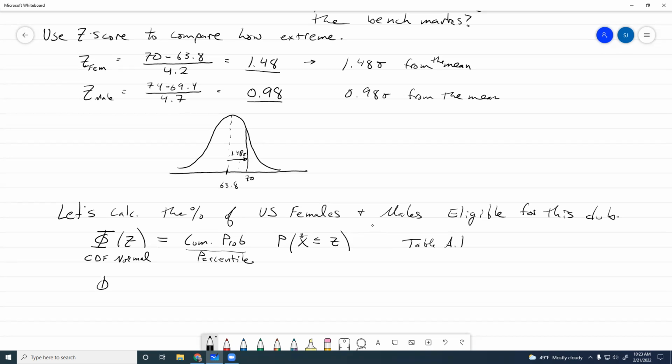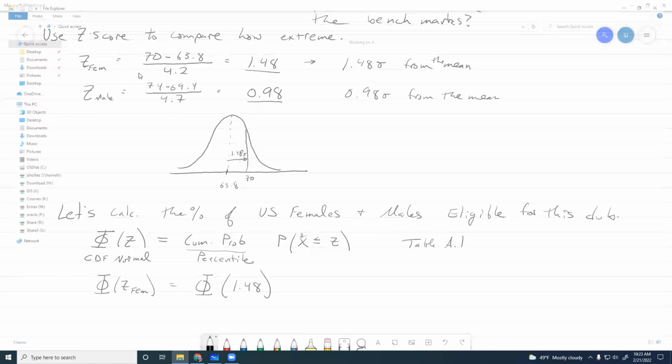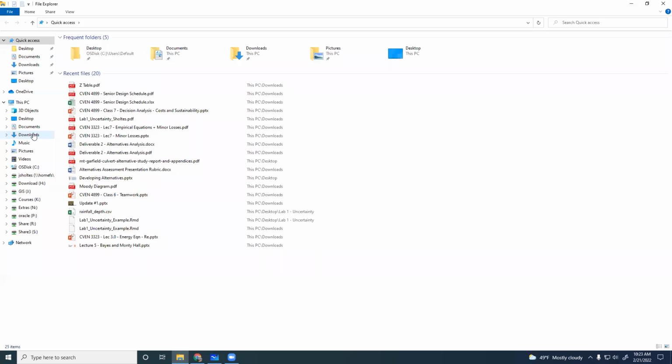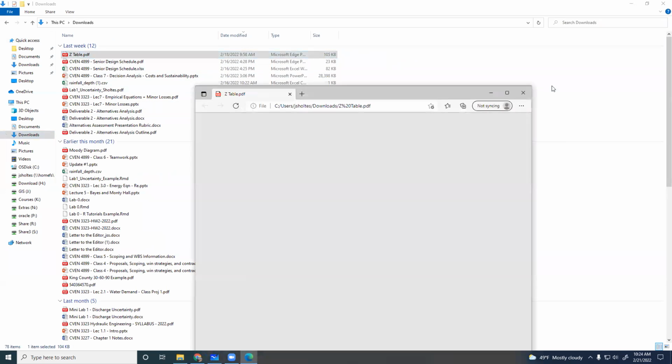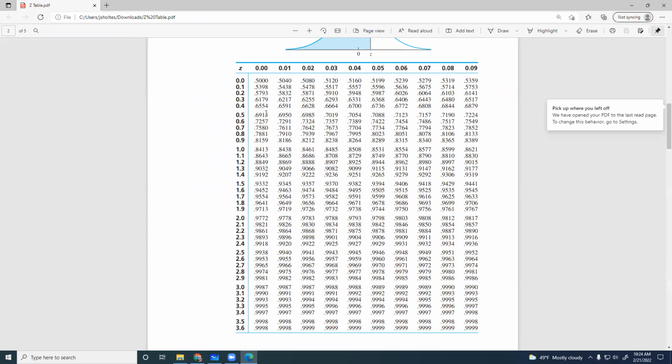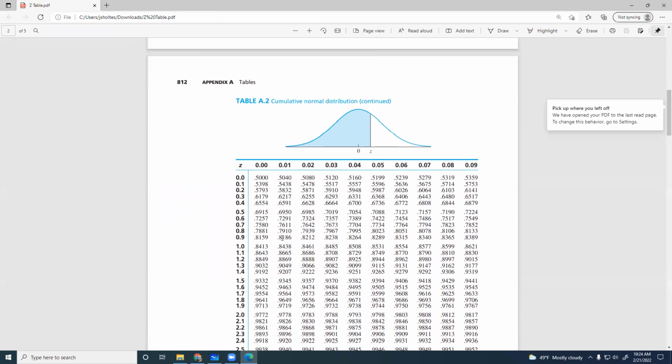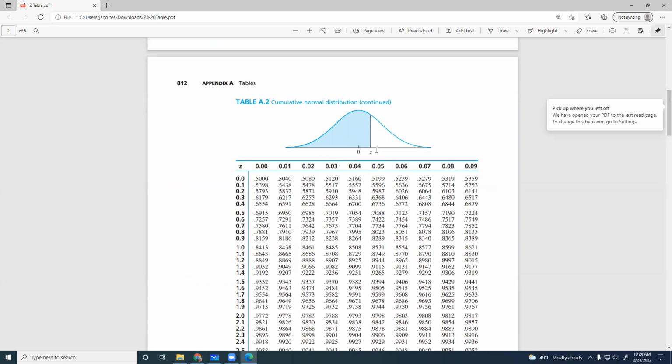So table A1 in your book. We'll look at the table that we have on Canvas. First we'll do the ladies: phi of z female is equal to phi of 1.48. Let's pull that table up. The way this table works, we're here on page 2, so we're above the mean because we have a positive z value. Over here we have negative z values. We're going to calculate the cumulative probability, the area under the curve up to that z value.